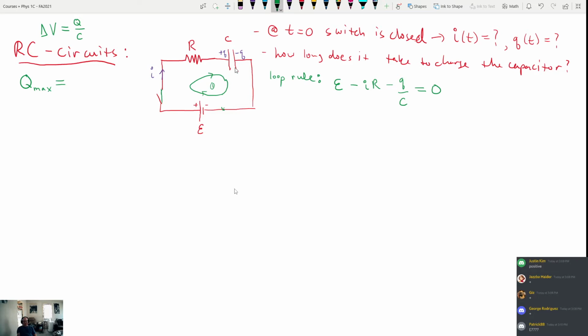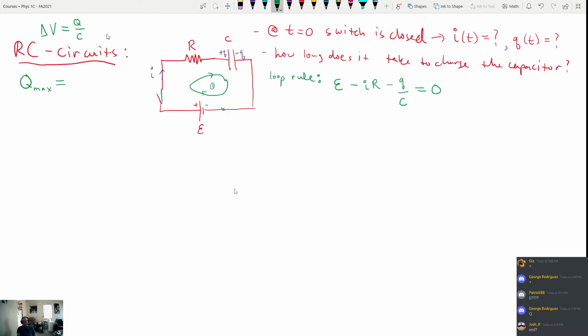What's the voltage across the capacitor going to be once the current stops flowing in the circuit? What's the maximum voltage the capacitor could reach here? The maximum voltage would be equal to the EMF, right?